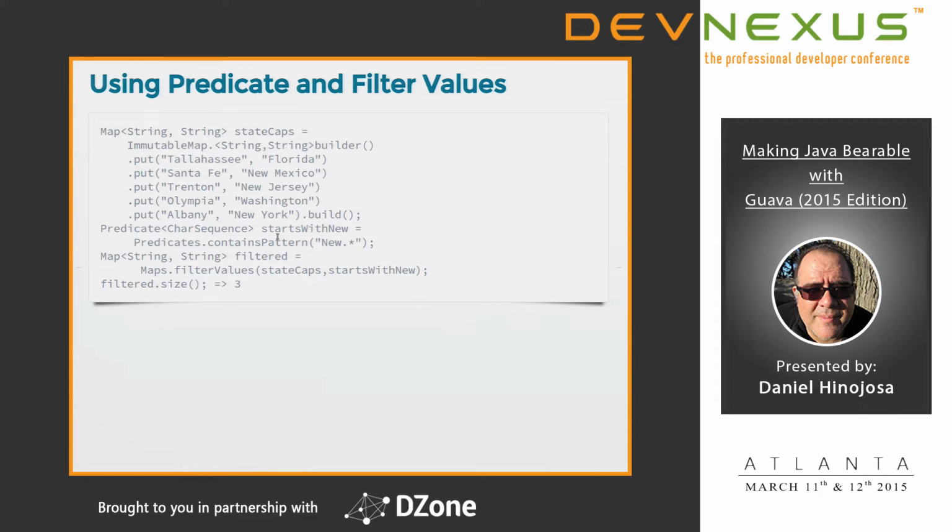Given a map, given a predicate, take the state caps, use filterValues, and plug in the predicate within there. The size I'll get in return is 3, because taking away all these states with New in front of it, that just leaves, wait, why is it 3? Florida and Washington. Huh?